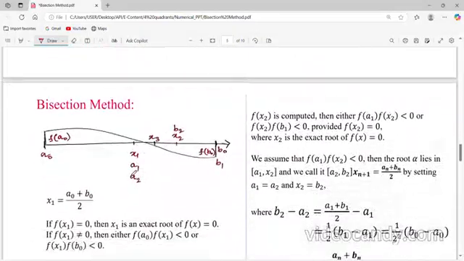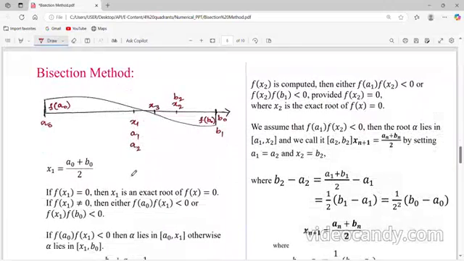So what is the bisection method? Already I told you, the bisection method is a repetitive application of the above theorem. This iterative method is based on a well-known theorem which states that if f(x) is a continuous function in [a, b] and f(a) times f(b) is less than 0, then there exists at least one real root of the equation f(x) = 0 between a and b.